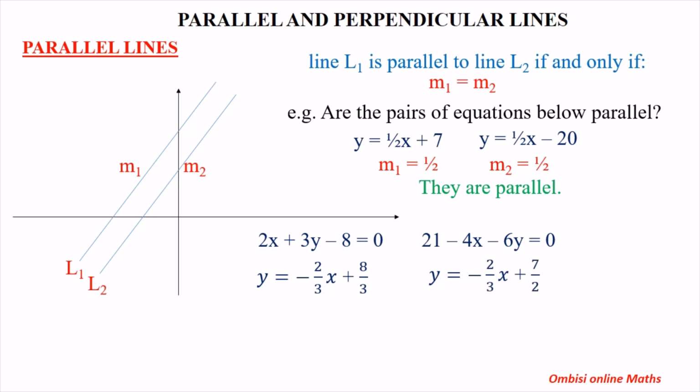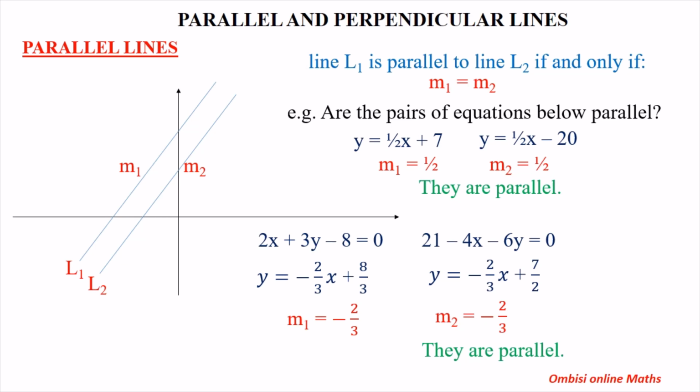The second becomes y equals negative 2 over 3 x plus 7 over 2. So m1 is negative 2 over 3 and m2 is also negative 2 over 3. Since these two gradients are equal, the two lines are parallel to each other.